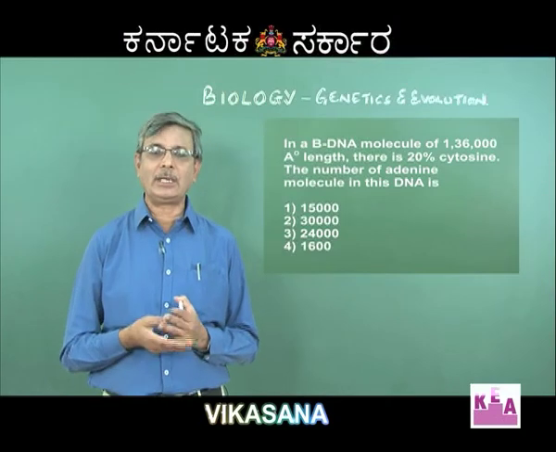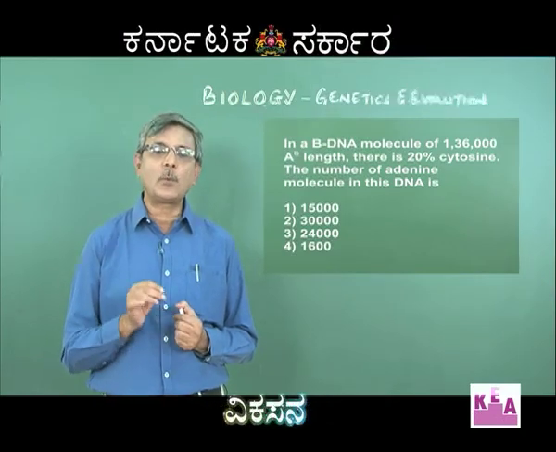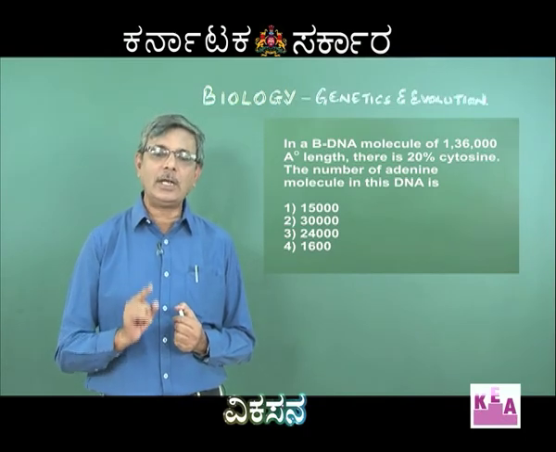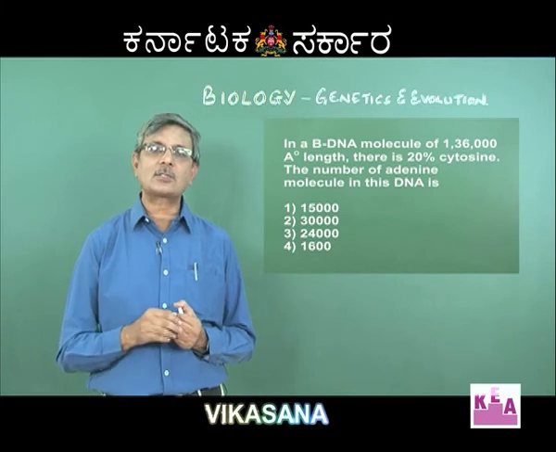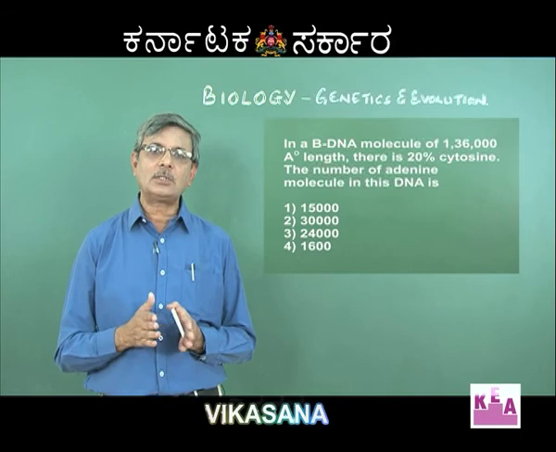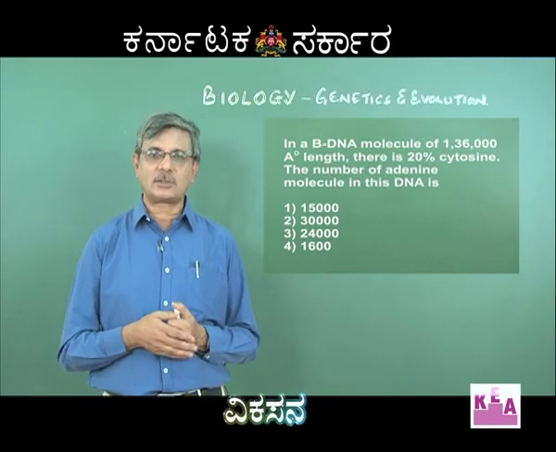What is this B-DNA? James Watson and Francis Crick proposed the double helix structure for the DNA molecule, and this double helix structure they described is B-DNA. It is the most common form in which DNA exists.